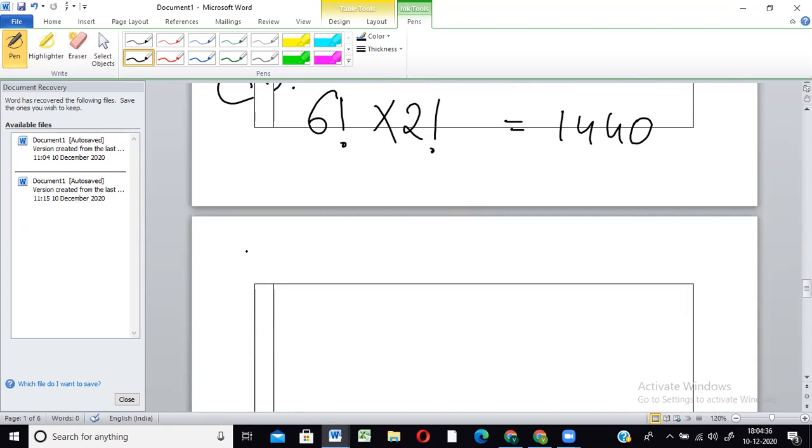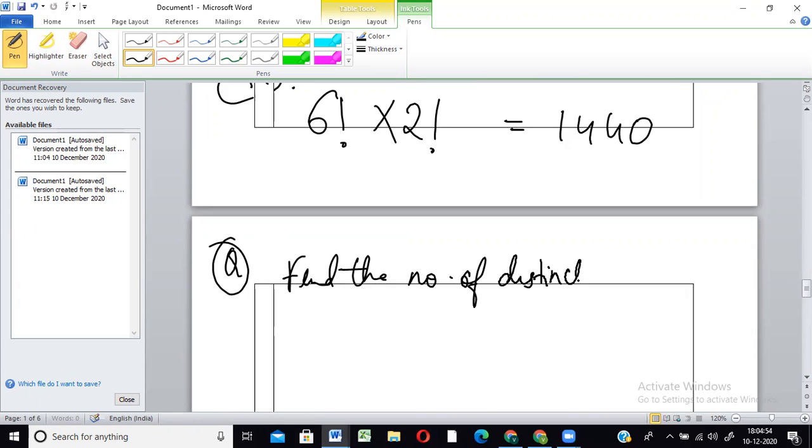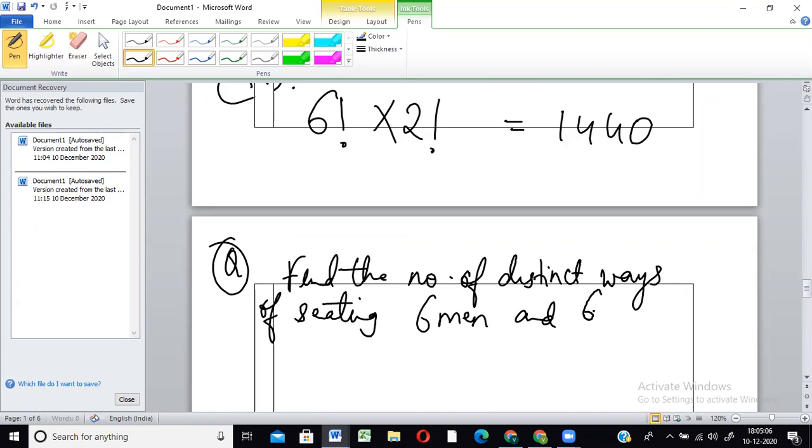So the next example that we're taking is: find the number of distinct ways of seating 6 men and 6 women around a table.